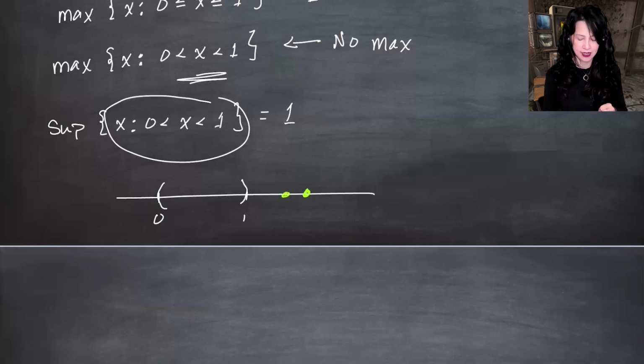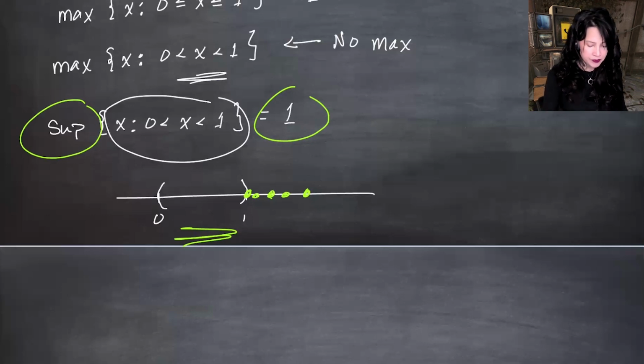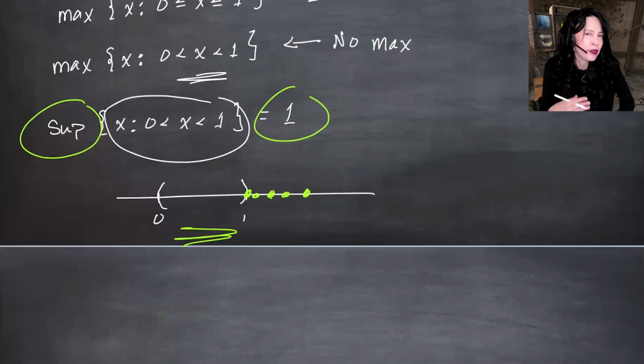So is this, so is this, so is this. And the smallest of the upper bounds before you start moving under things that are in that interval is right here at 1. So that's why the supremum is 1. It is the upper bound on this interval that is as small as it can possibly be. And that's a mathematical thing, but informally, it's the maximum when the maximum isn't quite in there.